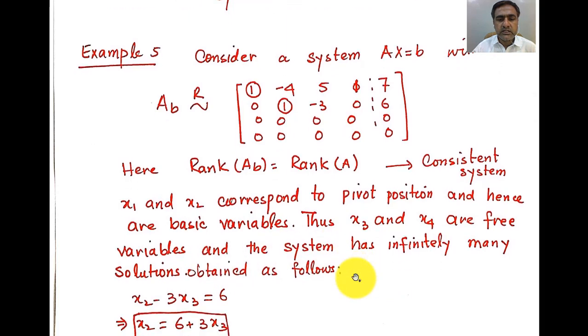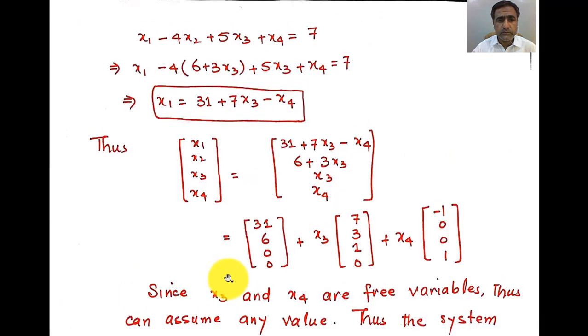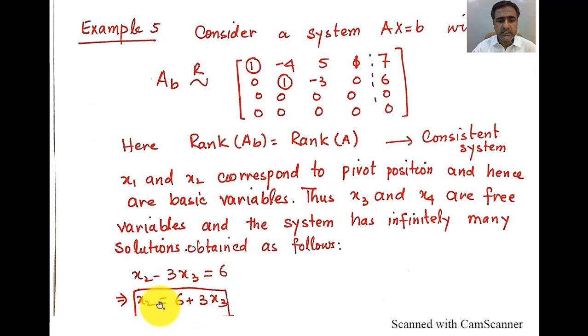Now to determine that the system has infinitely many solutions, how do we do that? We express basic variables in terms of free variables. So I start from this one. From this equation I have x2 minus 3x3 equals 6. So it produces that x2 is equal to 6 plus 3 times x3.